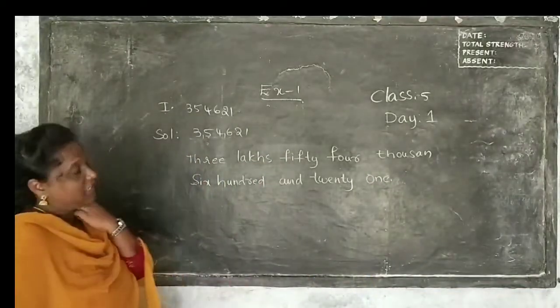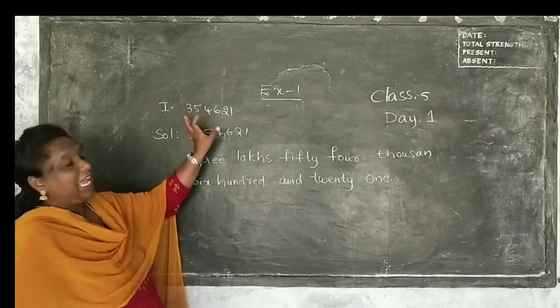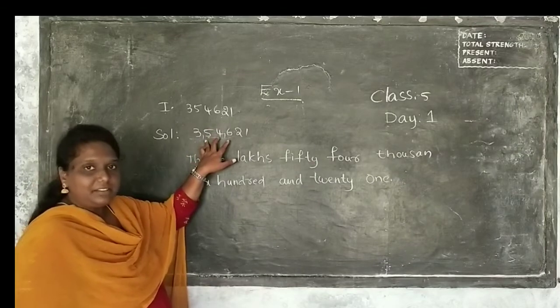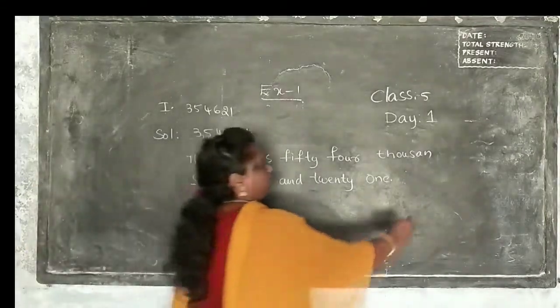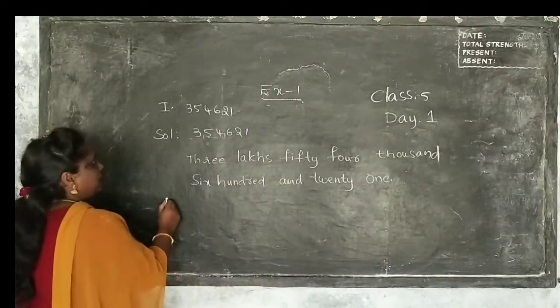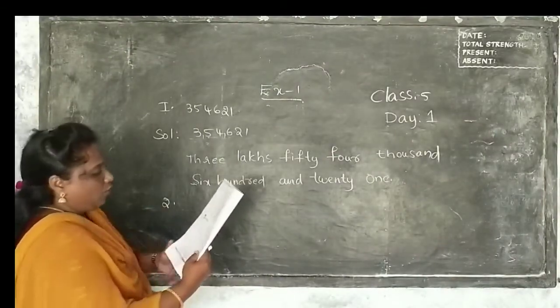So the question, they have given a number. Further, we have to insert and put the commas according to the Indian system of numeration, and we have to write it in words. Okay. The second problem also I will explain, beta, and the next problems I will give as homework.